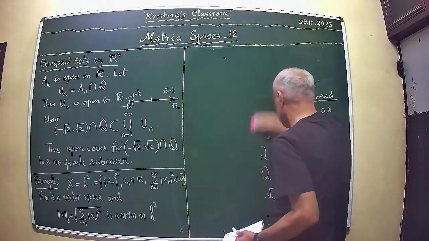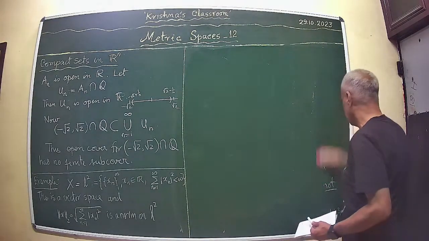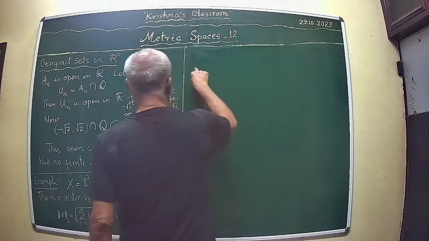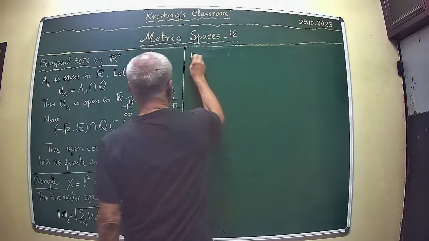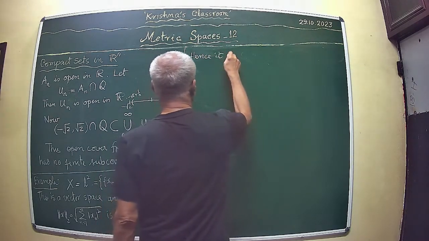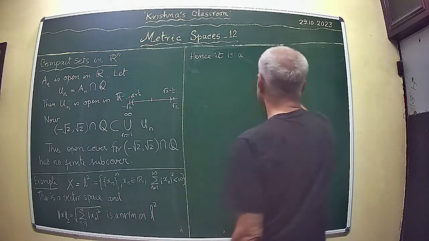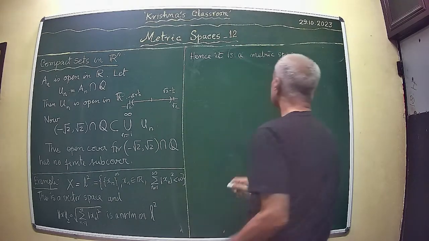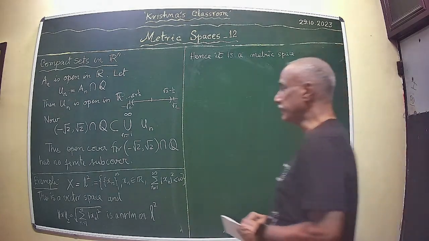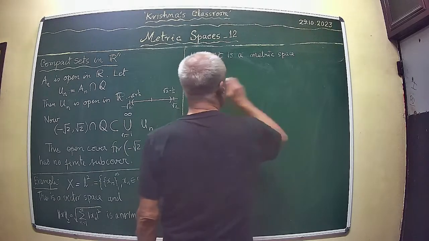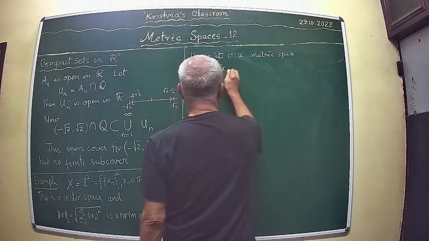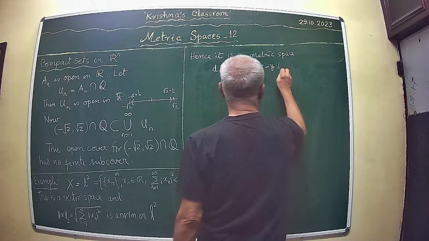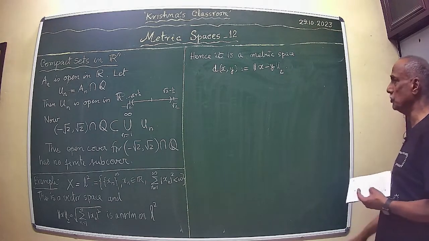Therefore, it's a metric space with D2, see D of x, y defined by norm of x minus y. Well, you are working in a linear space, all these things will make sense.